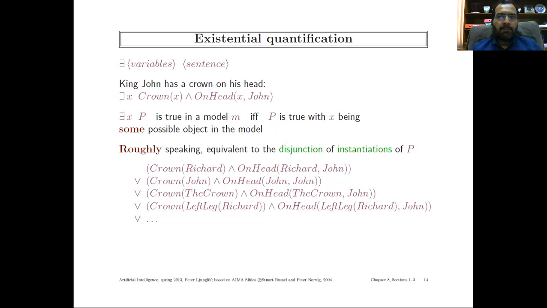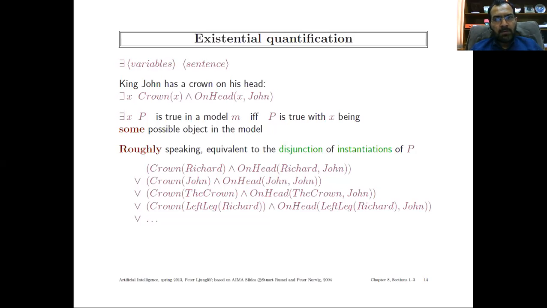For example, if I say a few students in this class are absent, here I am referring to some of the students. I am not referring to all of the students. So here I can write the existential quantifier to represent the statement.